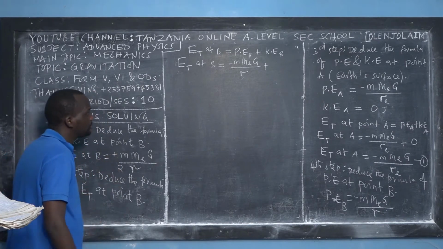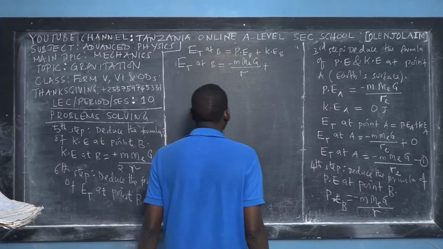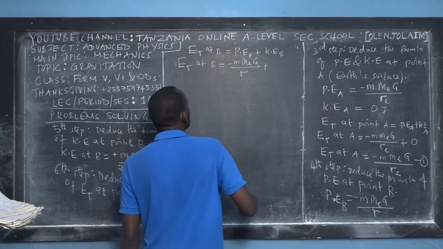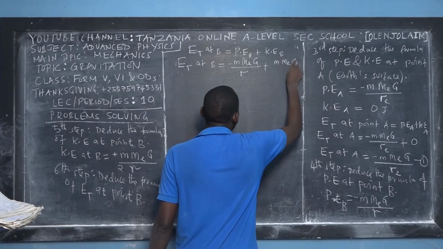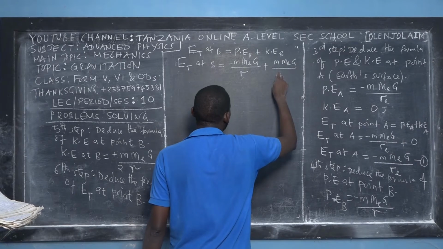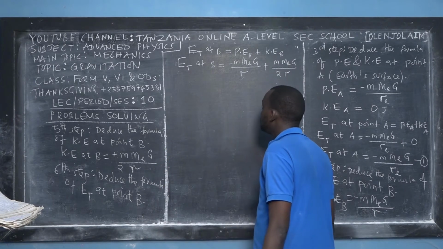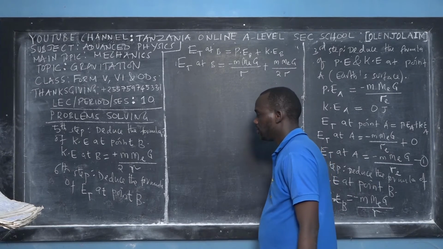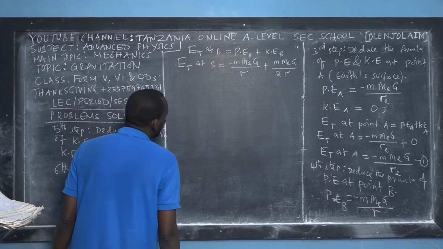Remember the way we derived it. It's positive, it's not negative. So negative mass times mass of the S times gravitational constant over R, and then here we have mass, mass of the S, universal gravitational constant over twice R. Right? So it means a half minus 1.